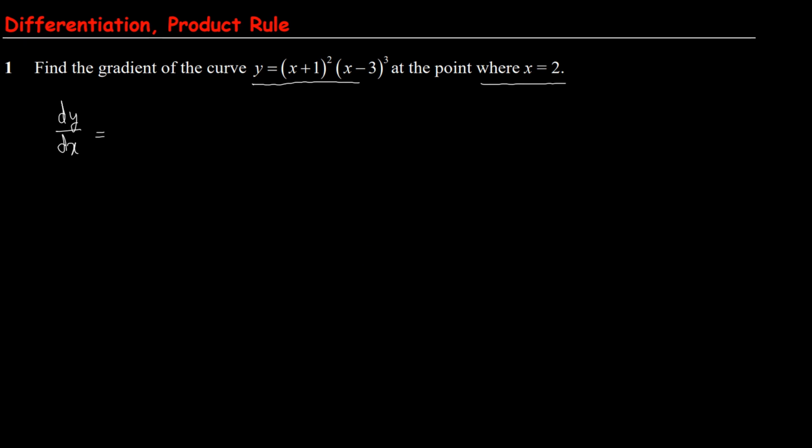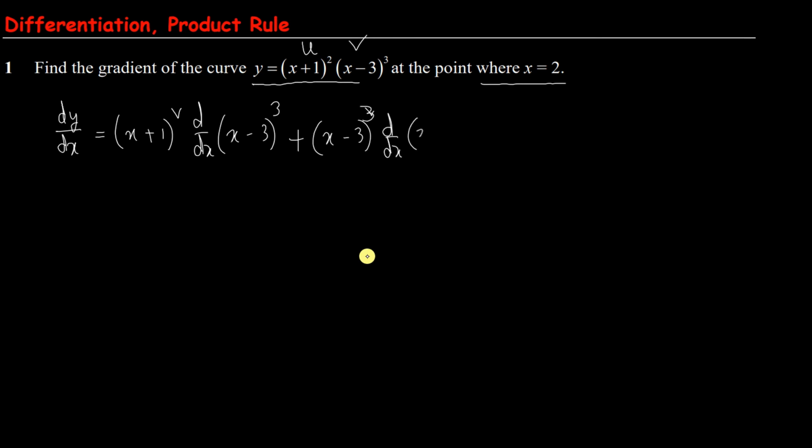So here are the two functions. Definitely the first one we consider u, the second one v, because the two are in multiplied form. So our formula is u dv by dx. You can write it like this: x plus 1 whole square d by dx of x minus 3 whole cube, plus v, which is x minus 3 whole cube, then d by dx of x plus 1 square.